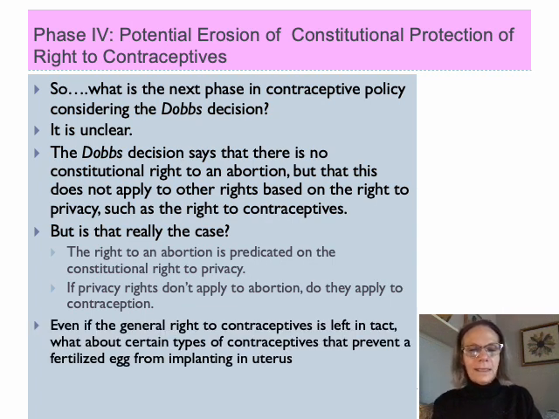But that being the case, even if broadly used contraceptives such as diaphragms, condoms, the pill are left intact, it could be that certain types of contraceptives that prevent a fertilized egg from implanting in a uterus, it's possible that there might be laws passed at the state level saying that certain contraceptives such as the IUD, which prevents that implantation of a fertilized egg into the uterus, as does Plan B, it could be that states could criminalize access, use, distribution of these types of contraceptives.